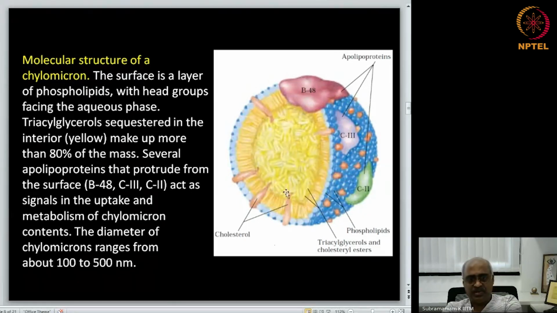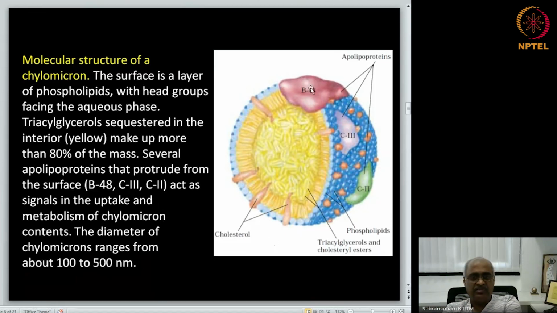So this is a chylomicron structure. Inside you have triacylglycerol. In the intestine, triacylglycerols are digested by intestinal lipase, forming free fatty acids and glycerol. The free fatty acids taken up by the intestinal mucosal cells are again converted into triacylglycerol. That triacylglycerol forms the inner core, surrounded by one layer of phospholipids, so that the outside is hydrophilic.